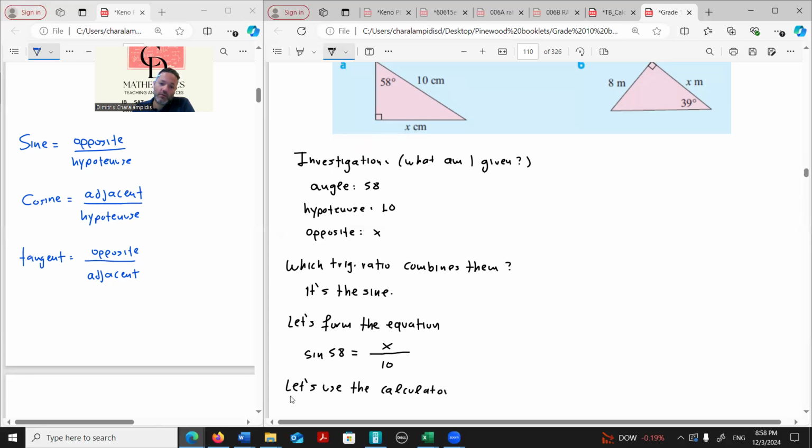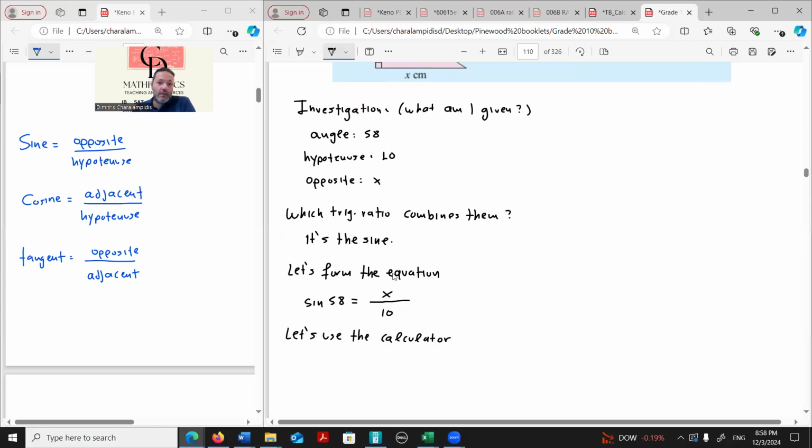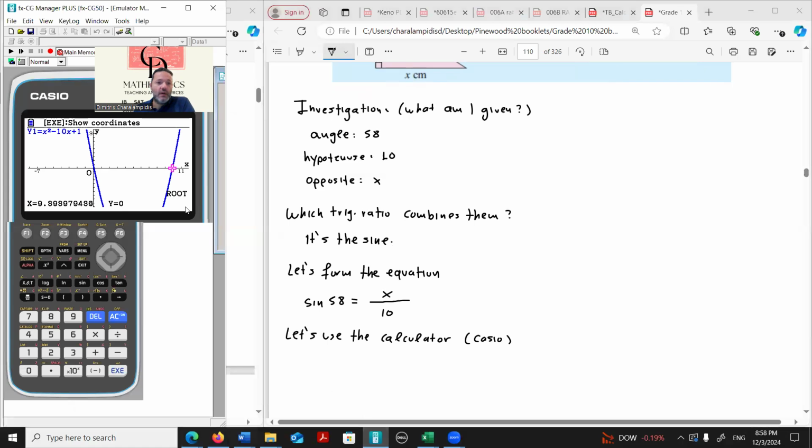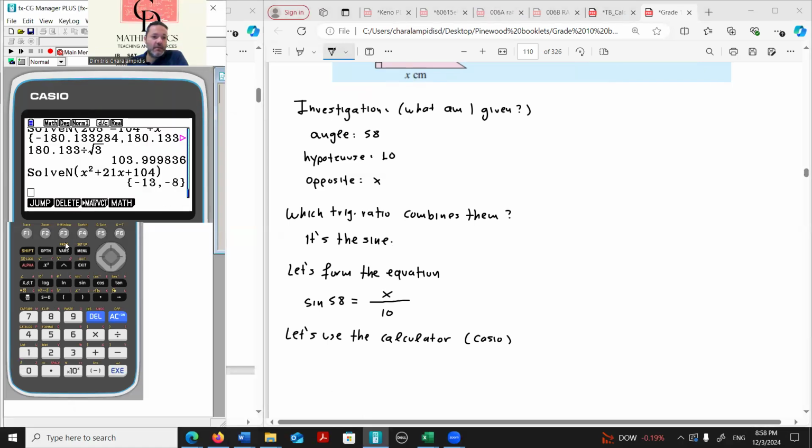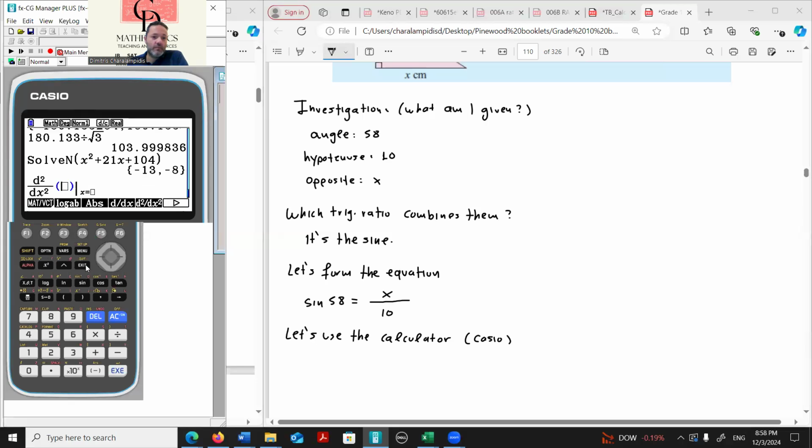Most, if not all, of these exercises will be done through the calculator. Our calculator is the Casio FX-CG50. So I'm going to go to menu, run-matrix, option, calc, solveN. Oh, I totally missed it. Calc, solveN.